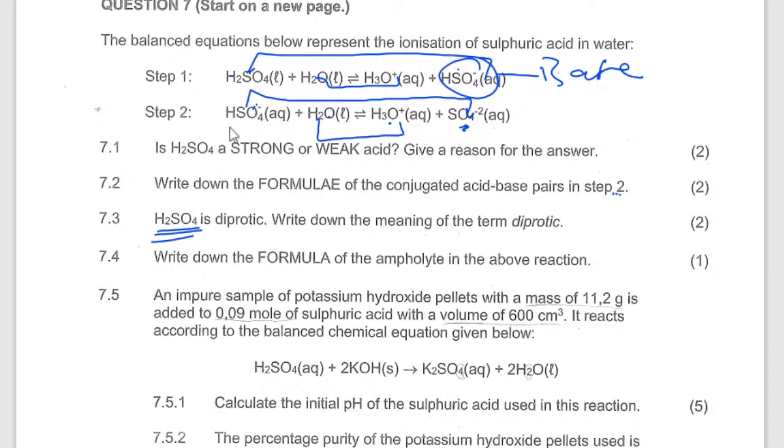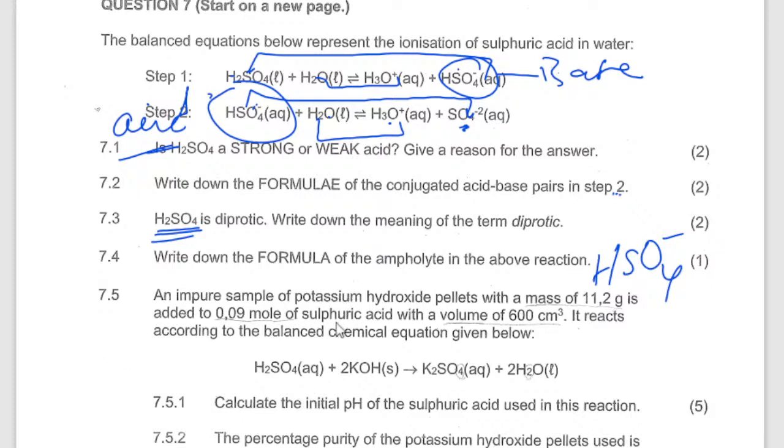Therefore, it's the same thing here. In this case, it acts as an acid. So basically, in this equation, hydrogen sulfate is the one which acts as amphoteric. However, even water can act as amphoteric, but in this case, it didn't. It didn't act that way.